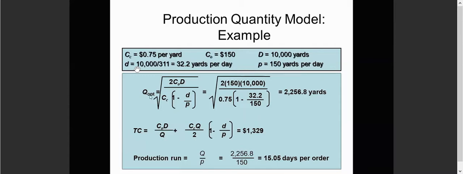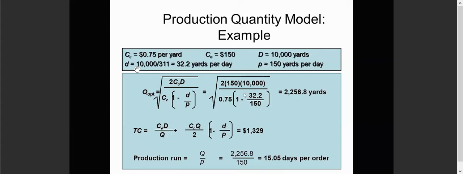Based on the formula of production order quantity to determine the batch size, we include the data in this formula: multiply by the setup cost of 150, multiply by the demand of 10,000 per year, divide by holding cost of 75 cents, and multiply by 1 minus 32.2 divided by 150 of production rate.